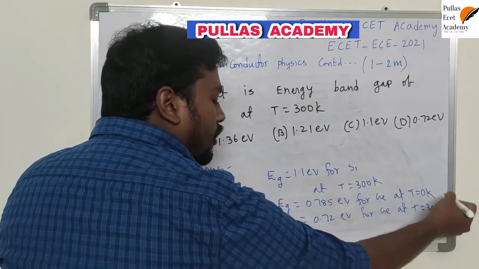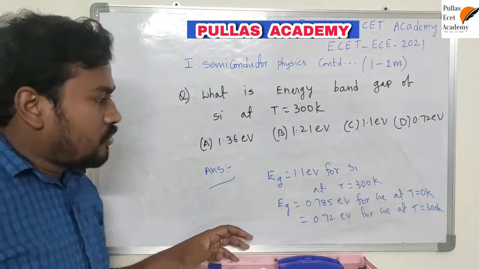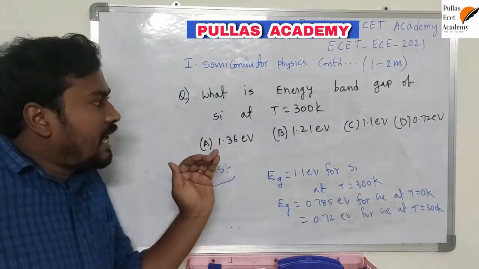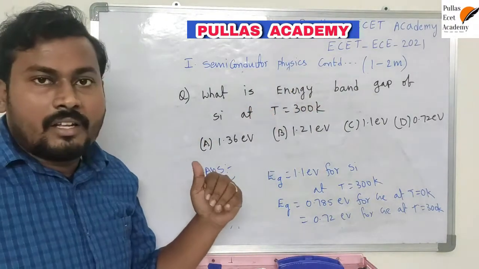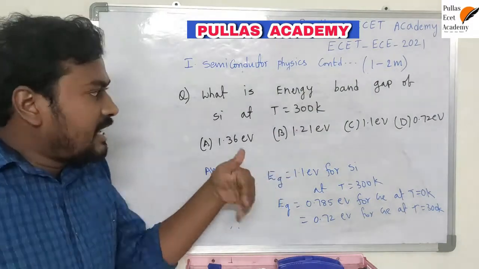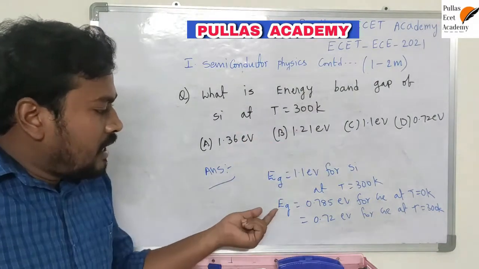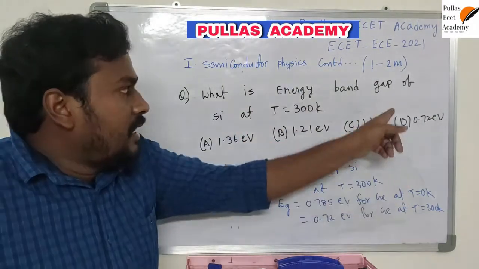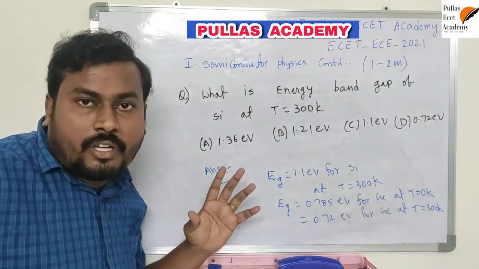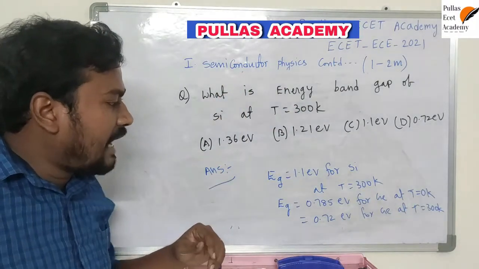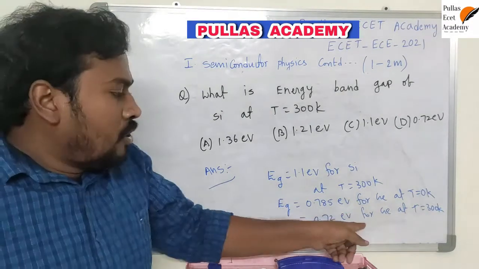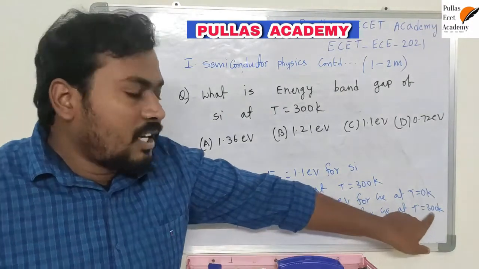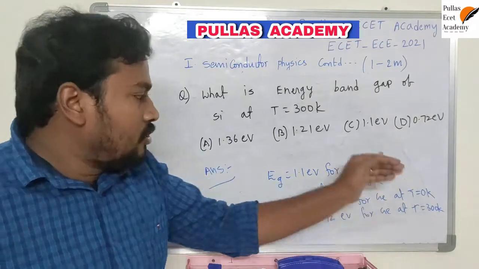So please make a note of it. In one of the previous year questions they asked about the energy band gap of silicon at T equal to 300 Kelvin. Maybe in the next year they can ask energy gap of germanium at T equal to 300 Kelvin. Okay. So there is a scope of asking that. So you can write Eg is equal to 0.72 electron volts for germanium at T equal to 300 Kelvin. Okay. So make a note of it.